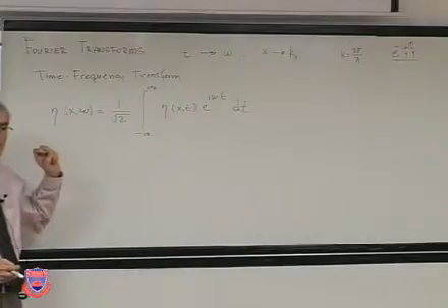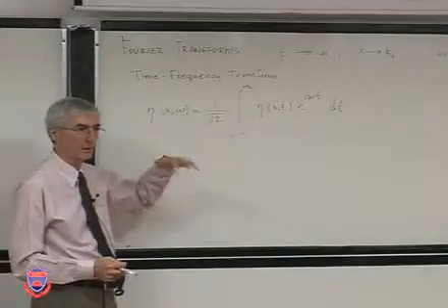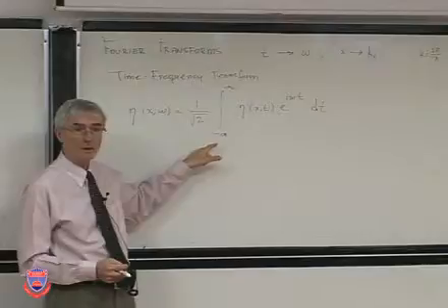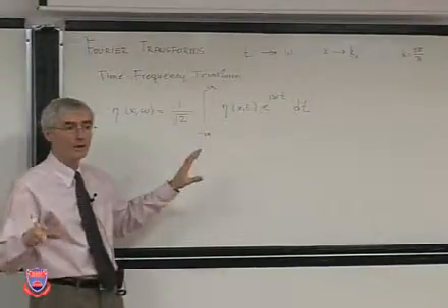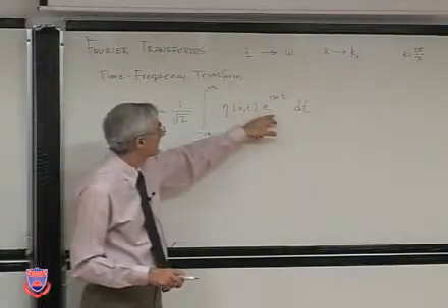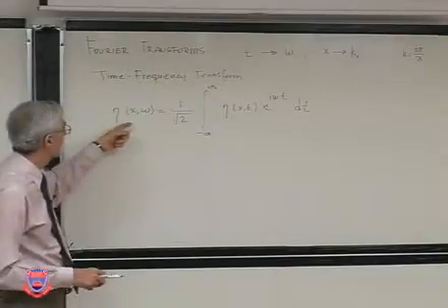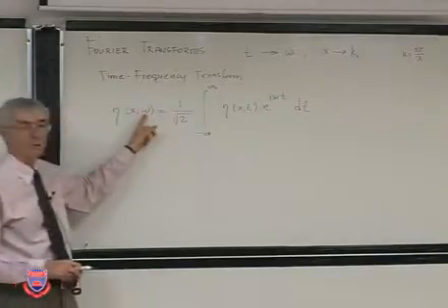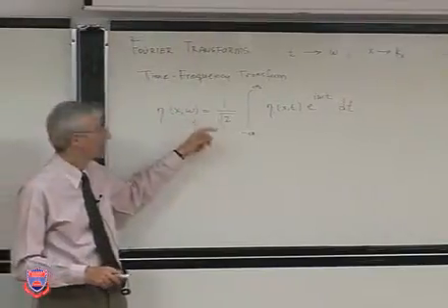Okay? Let me have your eyes over here. It's an integration from time minus infinity to plus infinity. For all times, you integrate a given signal, multiplying it by e to the i omega t. That's called the Fourier kernel. And then the result will be still, of course, an x, but no more time dependence, only a frequency dependence.